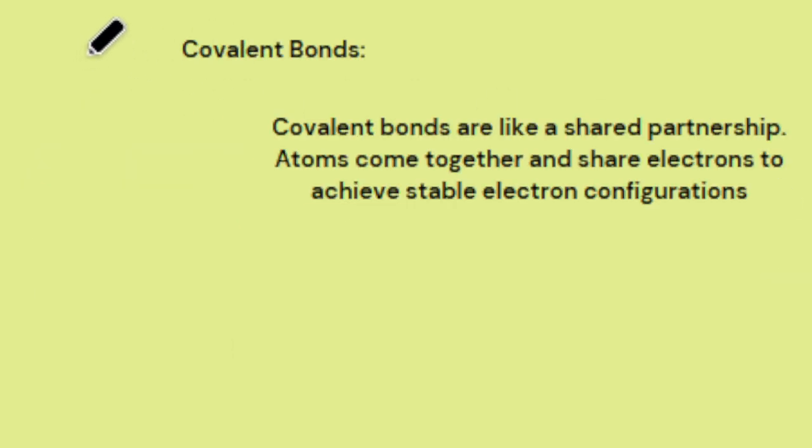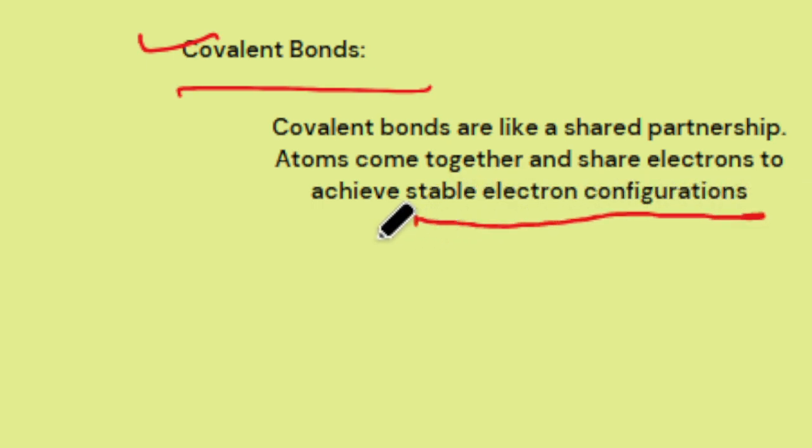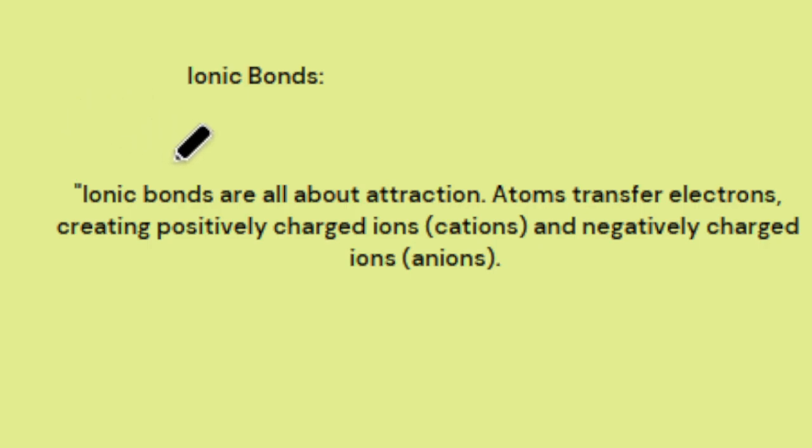Yes, the key point is the covalent bond. As we know, covalent bonds are like a shared partnership: atoms come together and share electrons to achieve a stable electron configuration. So in covalent bonding, molecules get a stable electron configuration. But in an ionic bond, what is that? Ionic bonds are all about attraction.